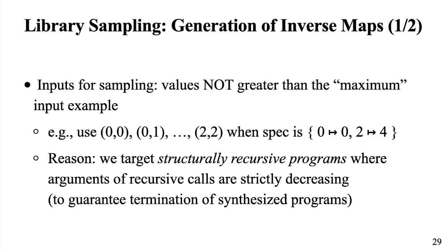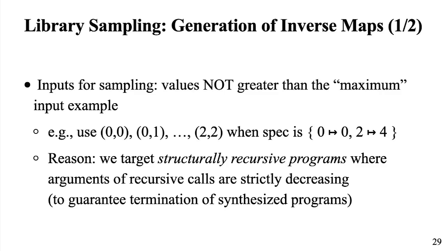The problem here is there may be infinitely many input-output samples that can be collected. So we limit the set of inputs that can be used for sampling to a set of finite values, not greater than the maximum input example. For example, if the maximum input example is 2, then we only use a pool comprising 0, 1, 2 for sampling.